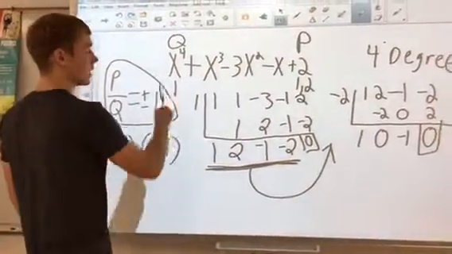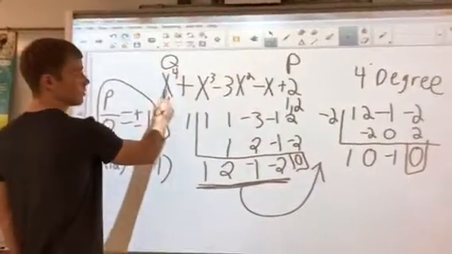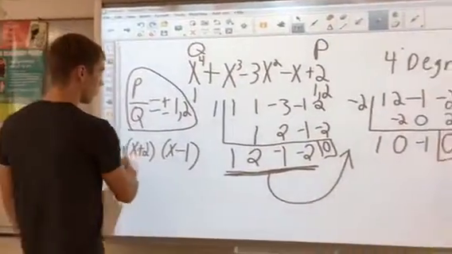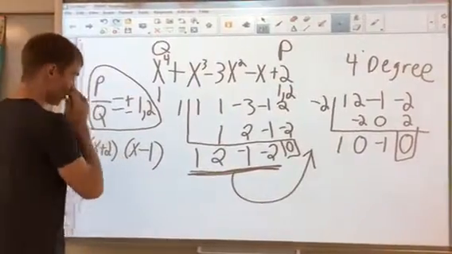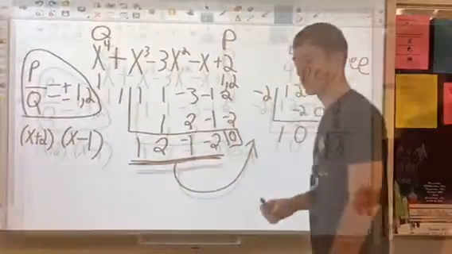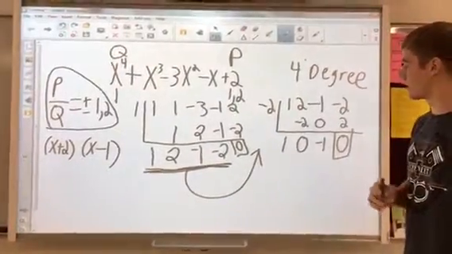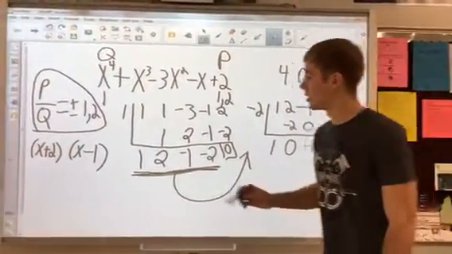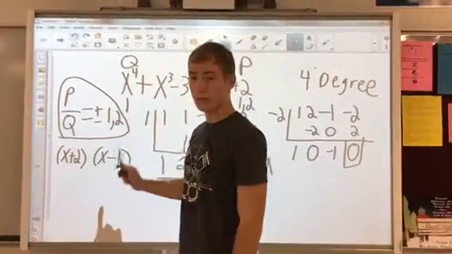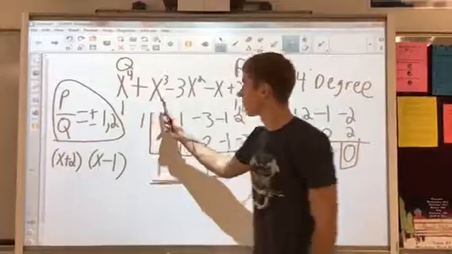Now we know, as I said earlier, that this is a 4th degree polynomial, so there will be 4 different factors, and we have found 2 of those factors. Now what we're going to do is find the remaining factors. With x plus 2 and x minus 1, we have already taken those factors out of the equation.